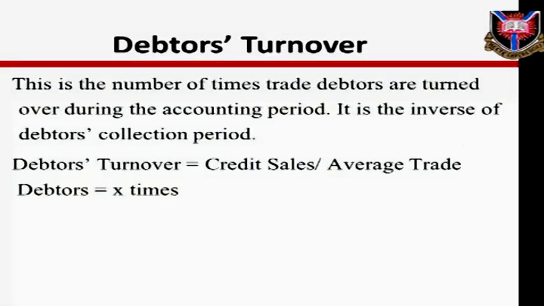This is the number of times trade debtors are turned over during the accounting period. It is the inverse of debtors collection period. Debtors turnover equals credit sales divided by average trade debtors, which equals the number of times.